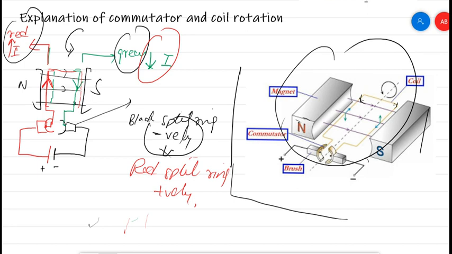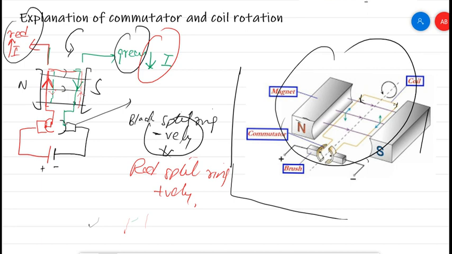Now what will happen? The current can be opposite. The green side was downward, so here it should be downward, and in the right side, as we discussed before, it is upward. So if red is on this side, it should be upward. But this cannot happen this way, and the rotation cannot continue.